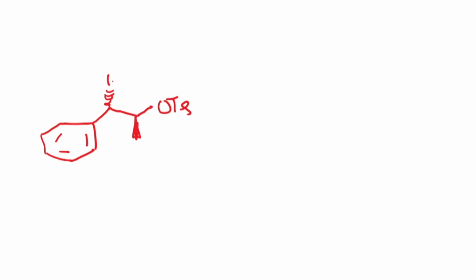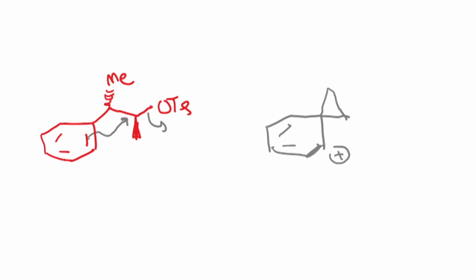So you have Me here. The attack happens at this carbon center, and it gives you a symmetrical intermediate like this, and it has a positive charge over here. And now the way we would draw these groups is in the following manner. The methyl is here and the other methyl is here.